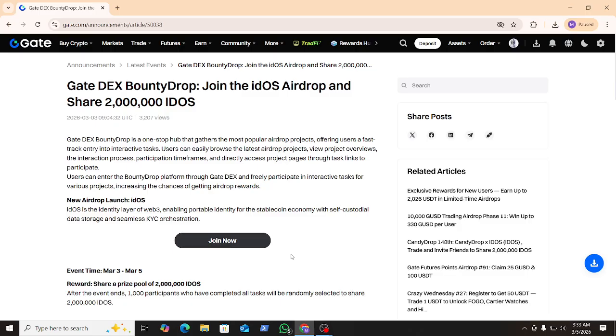BountyDrop is a one-stop hub that gathered the most popular airdrop projects, offering users a fast track entry into interactive tasks. Users can easily browse the latest airdrop projects, project overview, the interaction process, participation timeframe, and directly access the project page through the task link to participate.